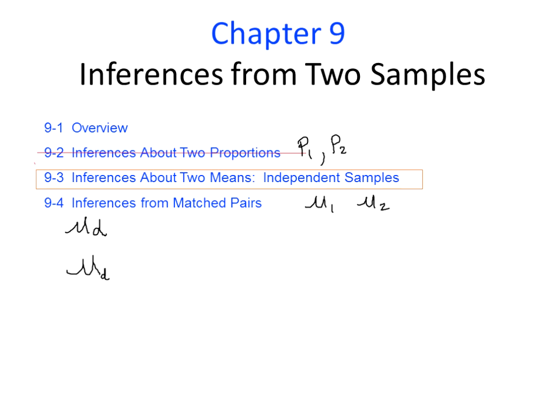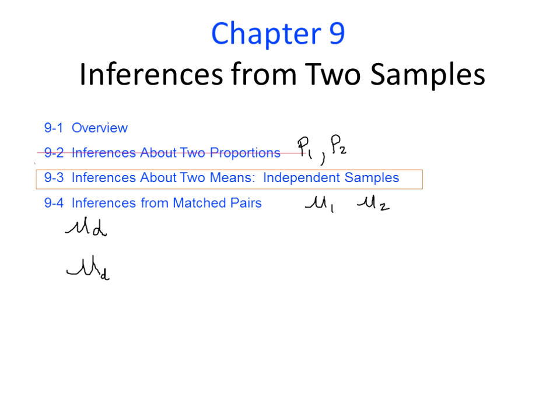So let me try that one more time. The D is a subscript there, the mean difference. So we're looking at the same group, but we take the before and the after situation, so you have data before and data after, and you find the differences.